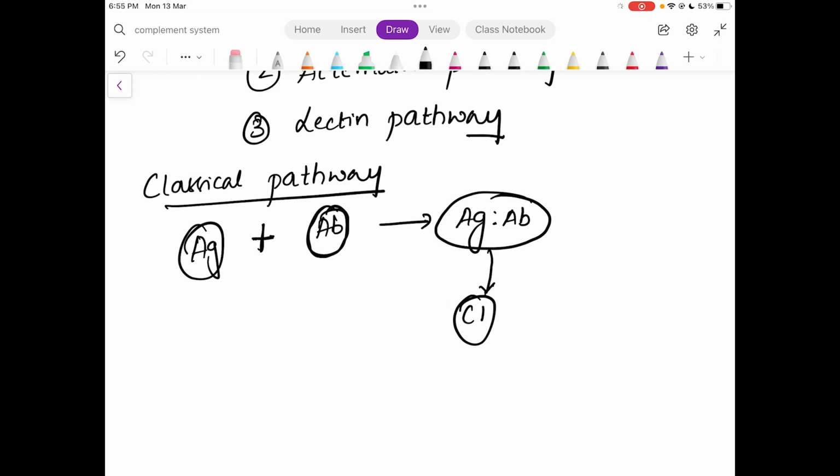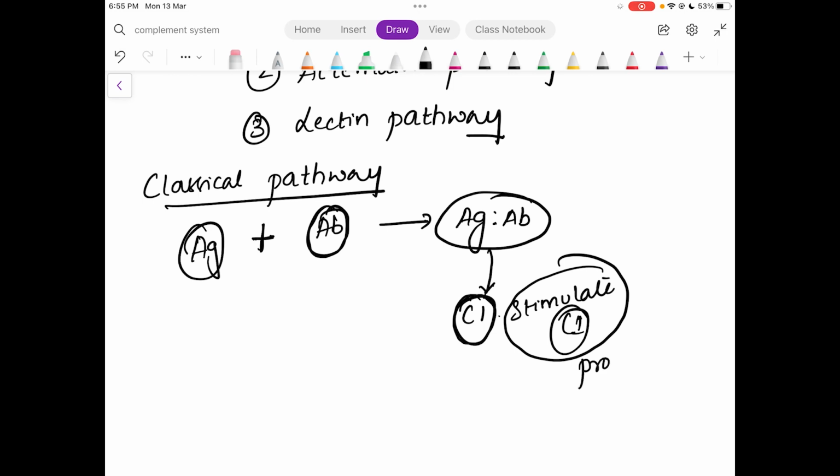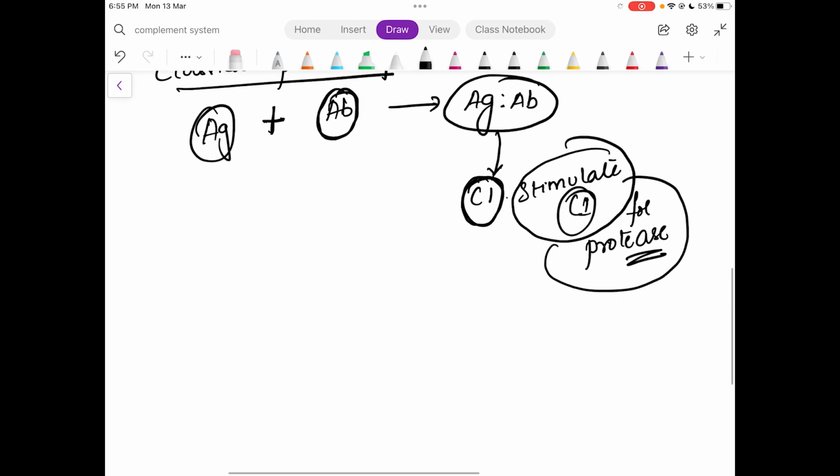Whenever they bind with C1, they will stimulate C1 for protease activity. By activation of C1, this C1 will act on C4 and on C2.